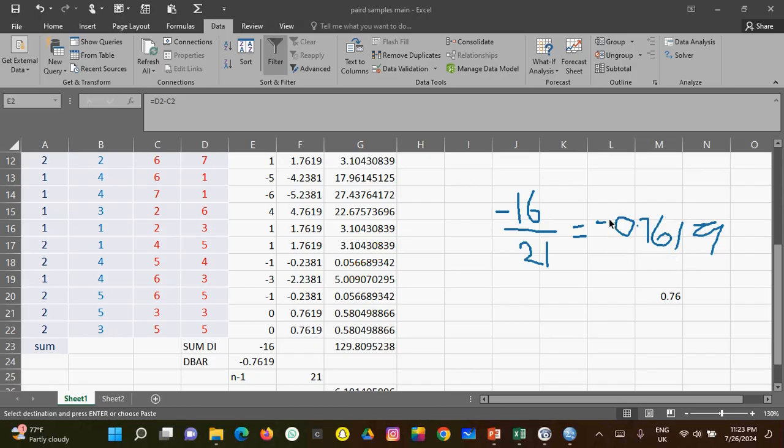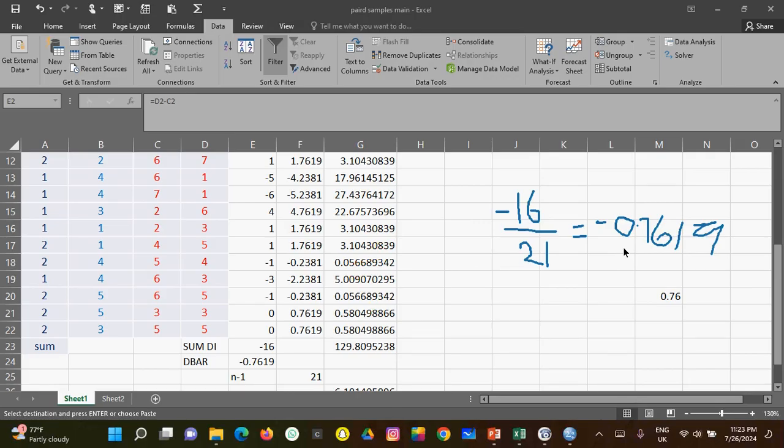Mind you that according to Dr. Abeku, we are only taking the absolute when we are dealing with the mean. When we are told to compute the mean in exams, let's only take the absolute figure. But in solving for our t-test, we are going to use the negative, right? But okay, no, we are not going to use the negative.